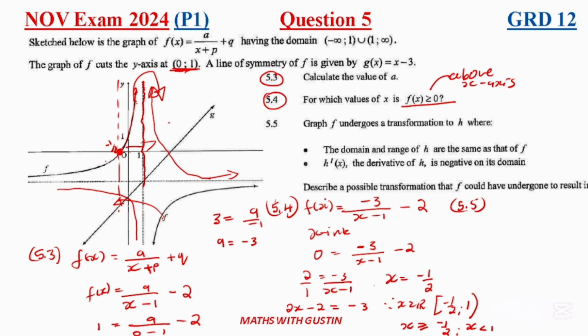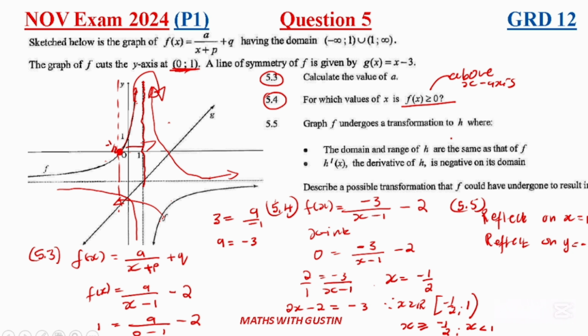So what does this mean? It means they just reflected this hyperbola across the lines of asymptotes. So we can just say reflect on x equals 1, and then also reflect on y equals -2, because everything else remains the same.